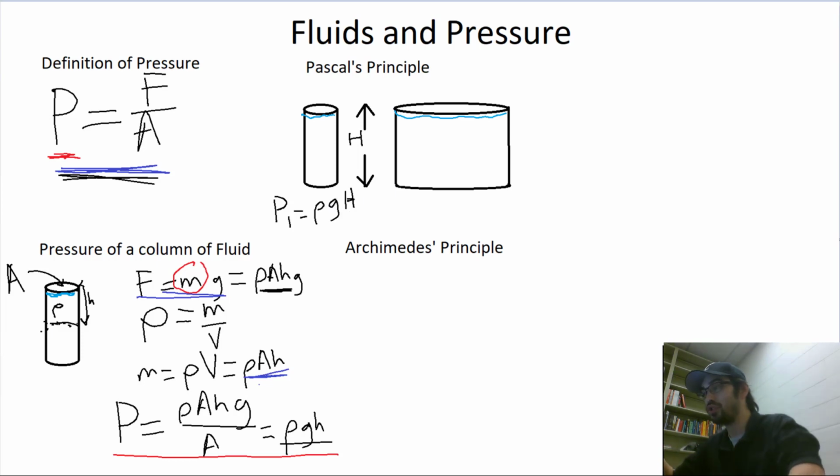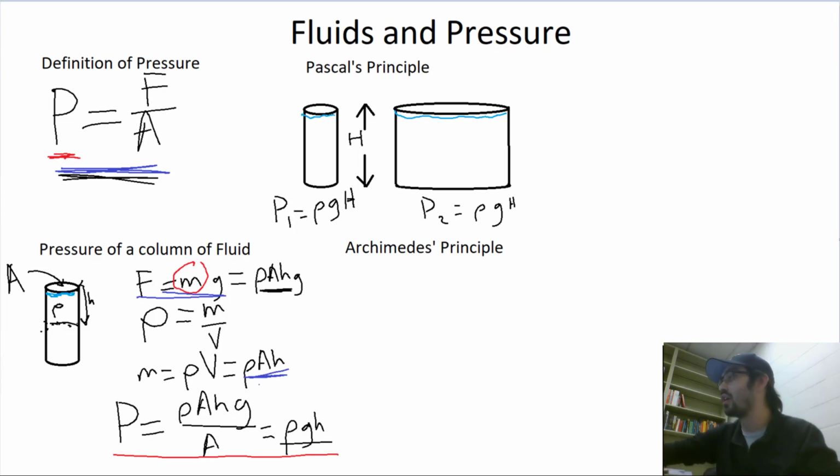The pressure from 2 is also going to be equal to rho g h, because it's the same height, same fluid, we're still on Earth. So what this tells us, if I compare these, is that P1 is equal to P2.